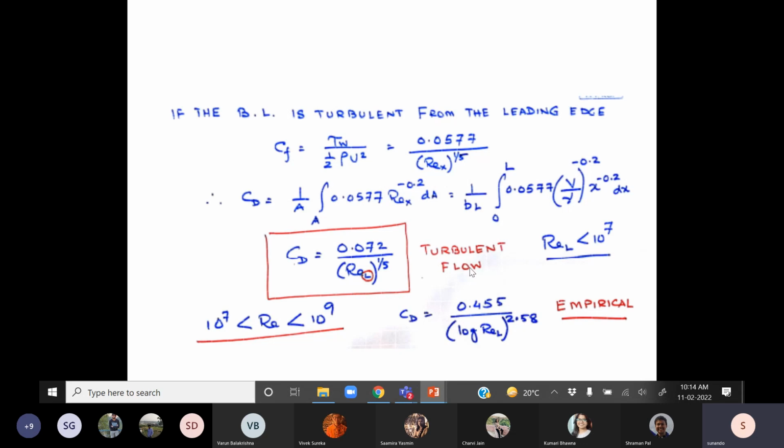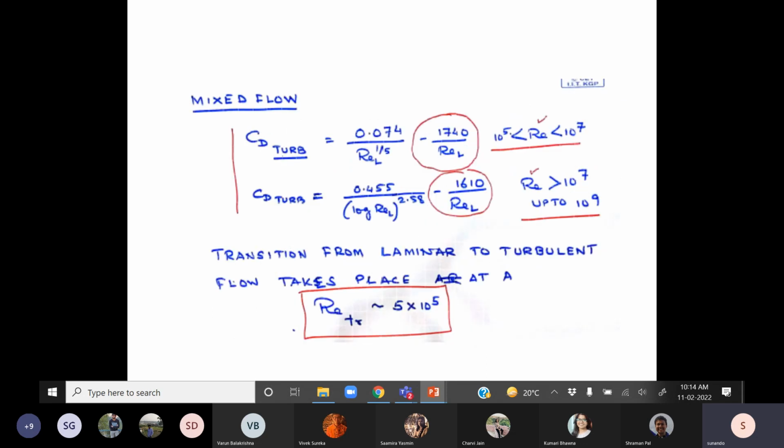But my point would be, since we have some correlation for the case of mixed flow, it's better to use this relation, and we would see that the effect of this is going to be negligible because the Reynolds number is going to be too large. Even now you could see that it is 10 to the power 3, and over here it's 10 to the power 5.